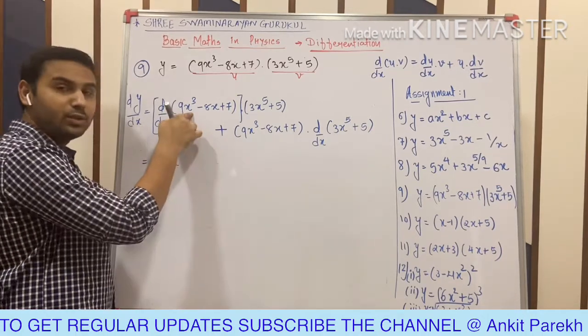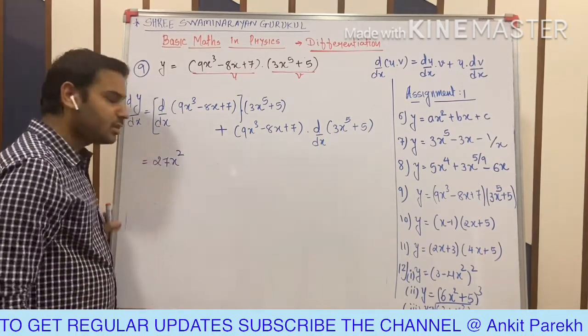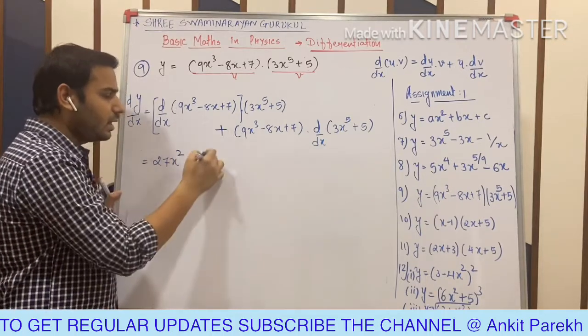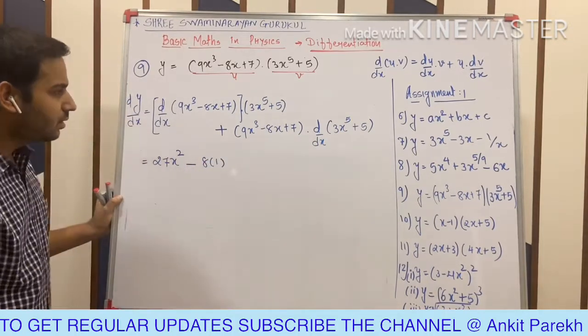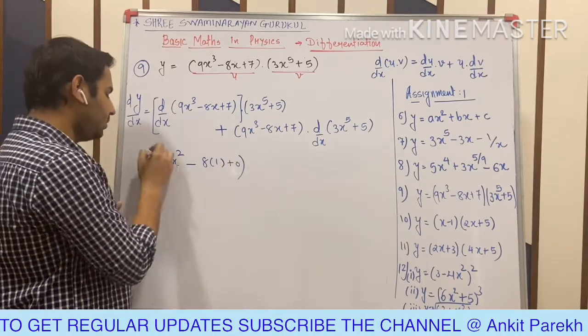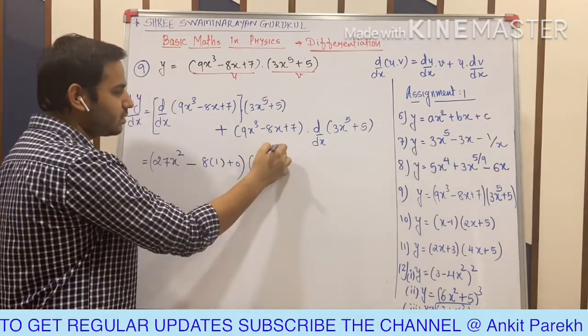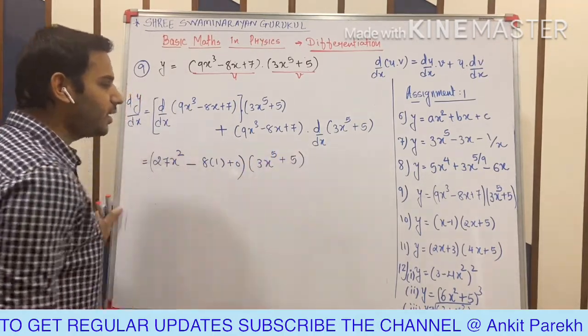27 x cube, so x square, 3 minus 1 is 2, 8 x 1 and 7 is 0, into 3x raised to 5 plus 5.